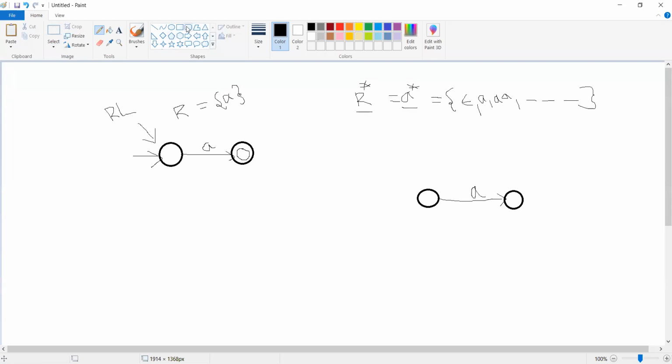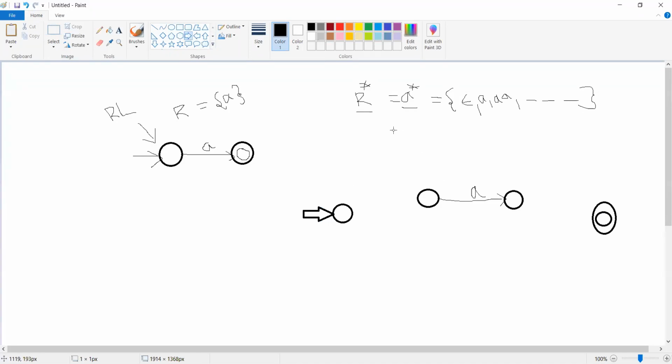Okay. Now as we want to find out the closure operation, that is the reason why we are going to introduce a new initial state, as well as a new final state like this. So this is my new initial state.